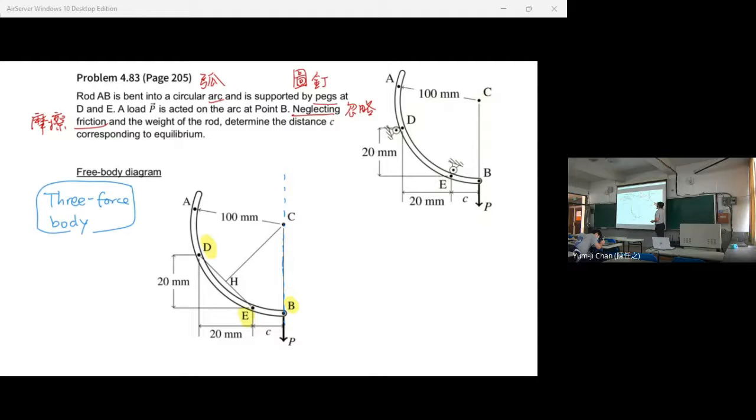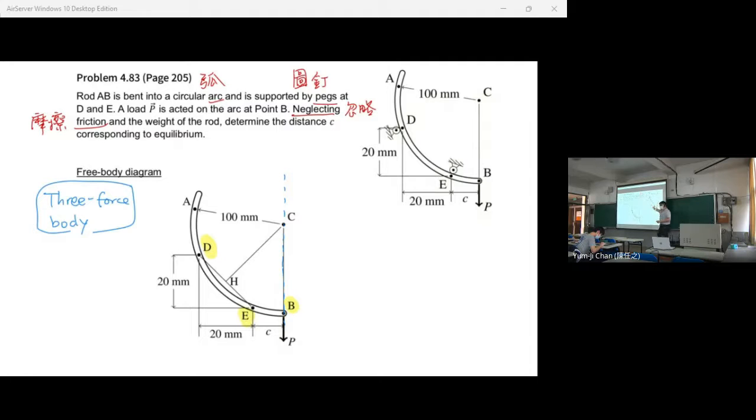In which direction should we draw the force? Can this rod move in this direction? Can it move in this direction? This is, you can say, a roller joint, or we do not have friction. So it can move in this direction. Can it move in this direction?